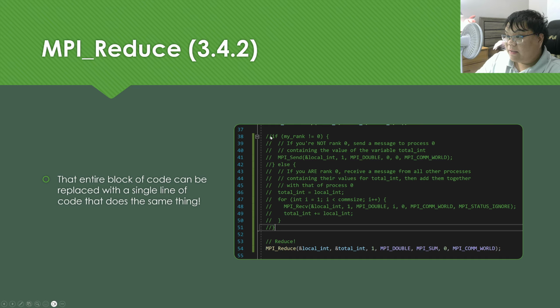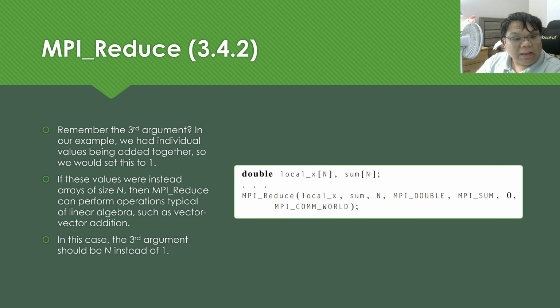So, this setup where we have a receive within a for loop, which is inefficient, does the same thing as this reduce function, but faster. Hey, remember that third argument in the MPI reduce function? We set that to 1 because we're just adding singular values.